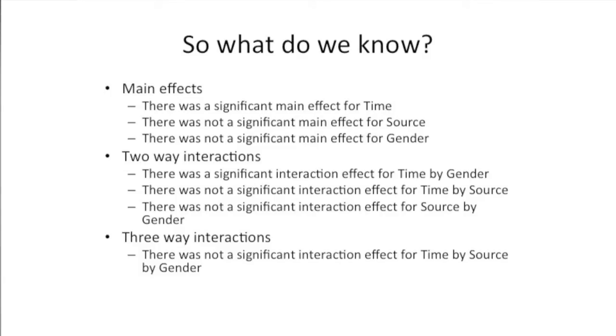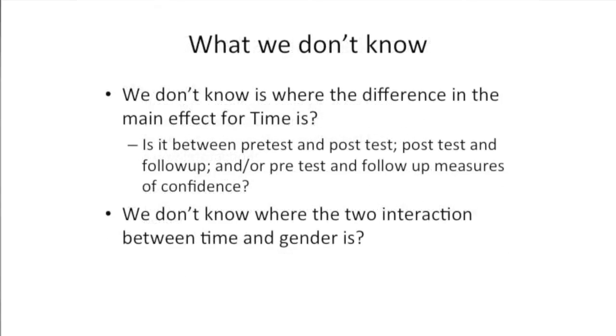There was a non-significant interaction between time and source. And there was a non-significant interaction effect for source by gender. What about when we look at the three-way interactions? There was one three-way interaction, and we see that there was not a significant effect for time by source by gender. But what we don't know is where the difference in the main effect for time is.